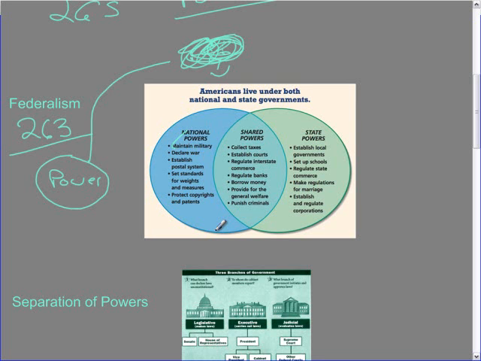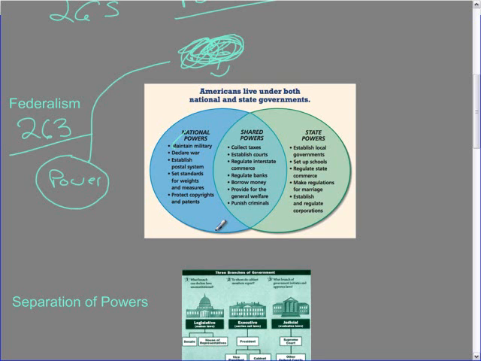On the other end, you have state powers, things that only affect people maybe in the state. That's like setting up a local school. Like, if we set up a new school in Washington, people are not affected by that in Oregon, so it should be a state power. But if Missouri declared war on Russia, that would affect everybody in the nation.